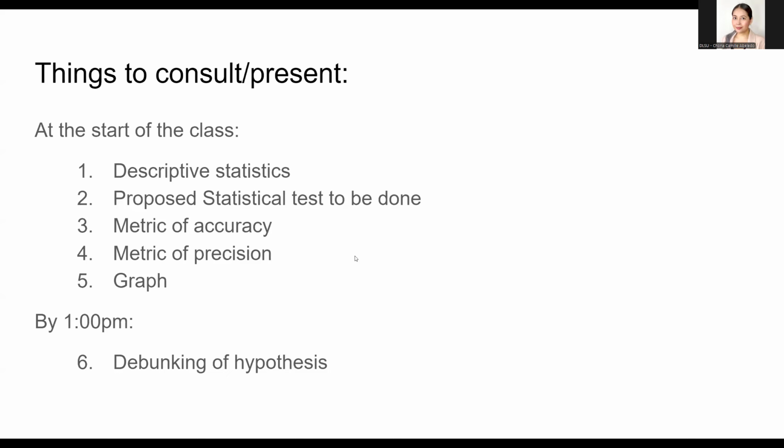I'll close the Zoom room to give you time to eat and discuss with your group mates. And then we'll come back to the Zoom room at 1 p.m. for each group to show me the debunking of their hypothesis. And then I'll give you my comments again. And then my final reminders for your presentation on Thursday. Okay? So, let's start with descriptive statistics first. I'll stop sharing.